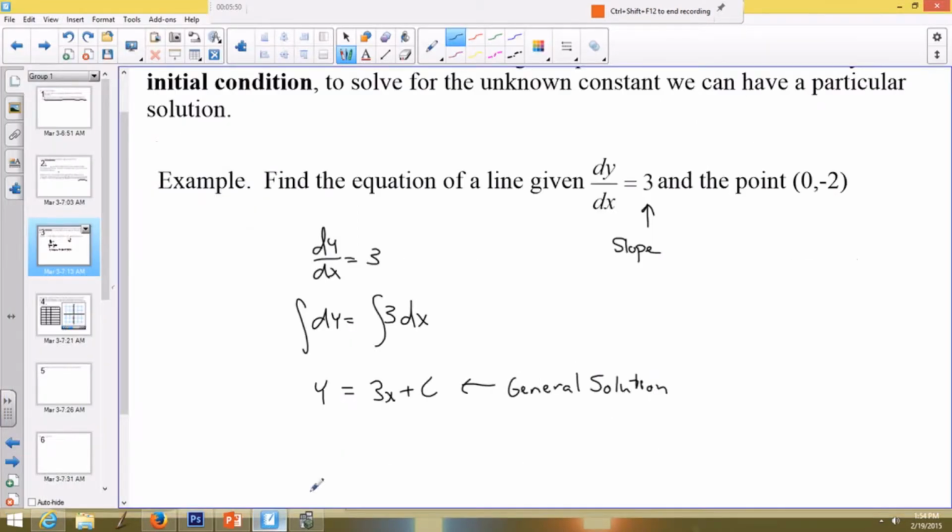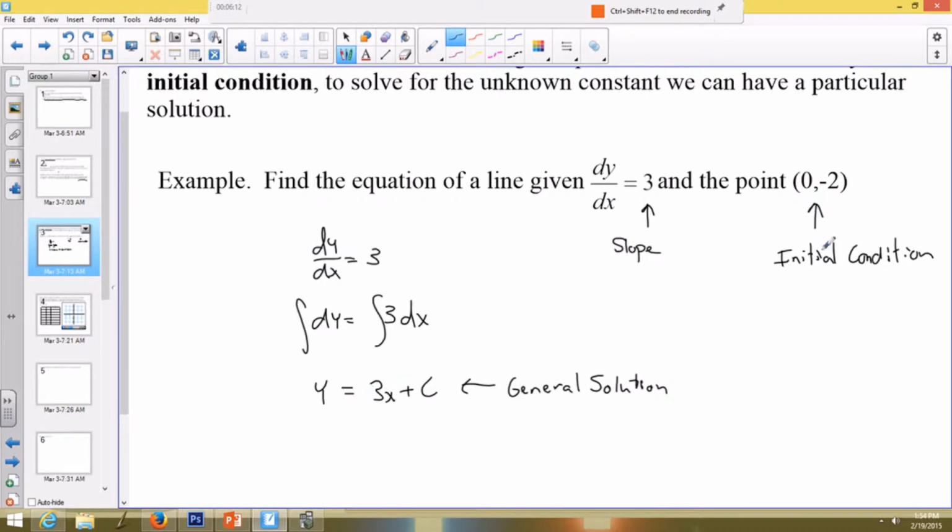Well, this initial information tells me that when x equals 0, y equals -2. Well, that's an x value and a y value, and I can figure it out.